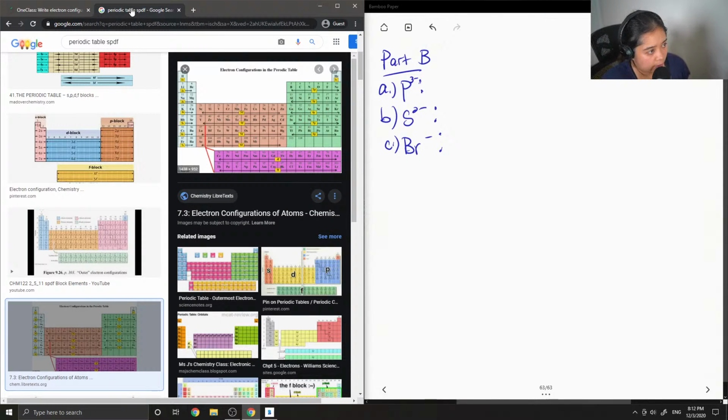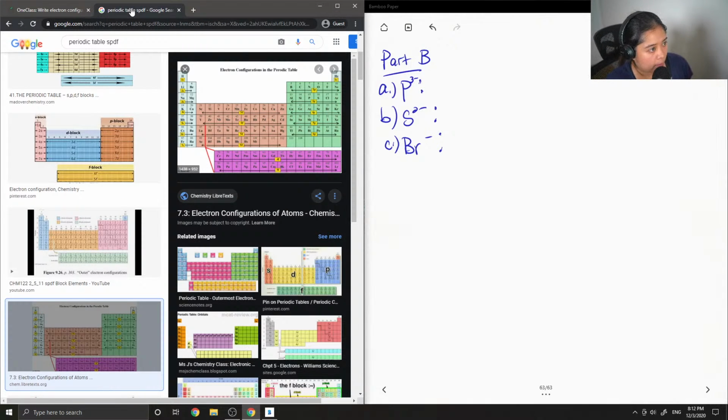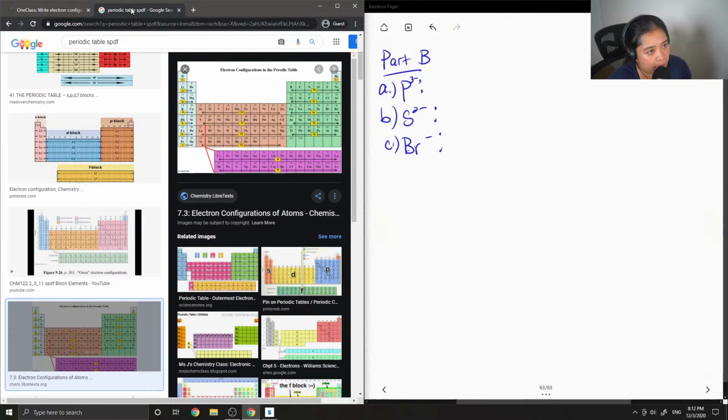So we can find it here. So phosphorus is at atomic number 15. And then if we were to add 3 electrons, we actually get the same electron configuration as argon. So all I need to write is argon in square brackets.